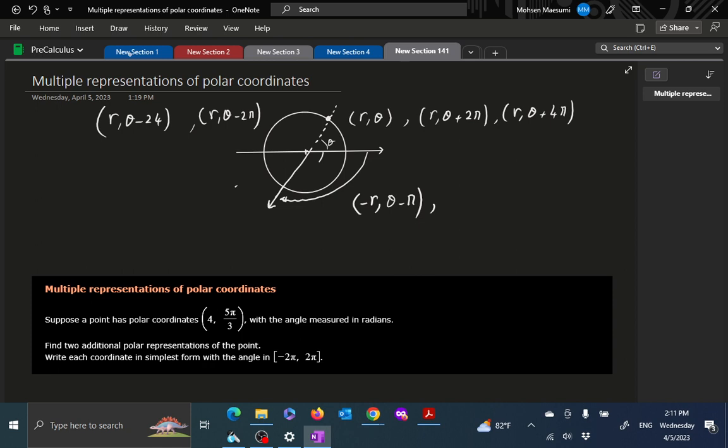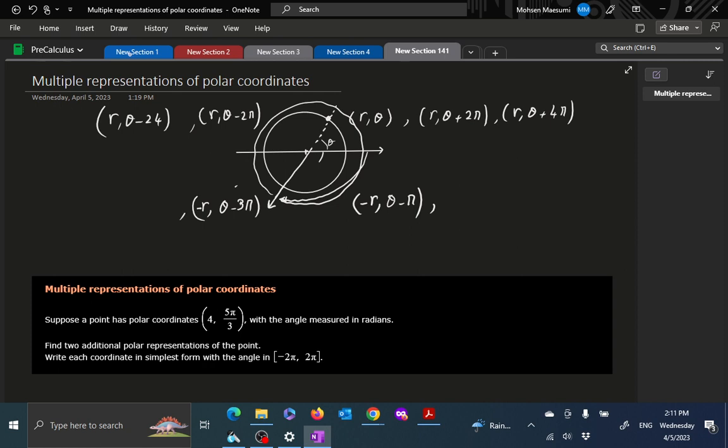Now I can go around this circle and again come back to this location, or I can go in the opposite direction. If I go in the negative direction, I'll be at the point minus r and theta minus pi, then minus r and theta minus 3 pi.